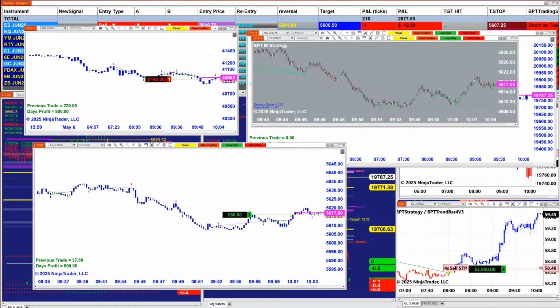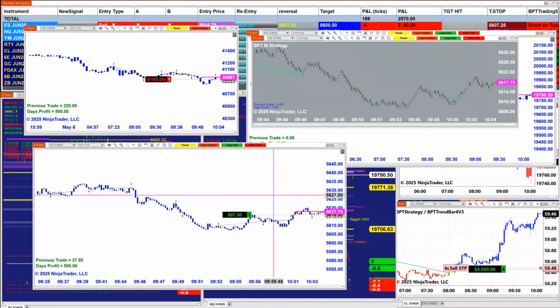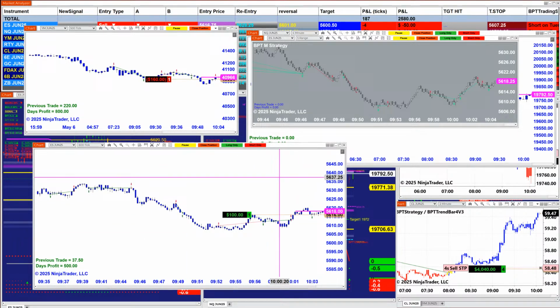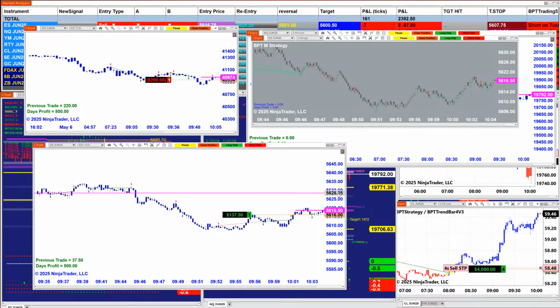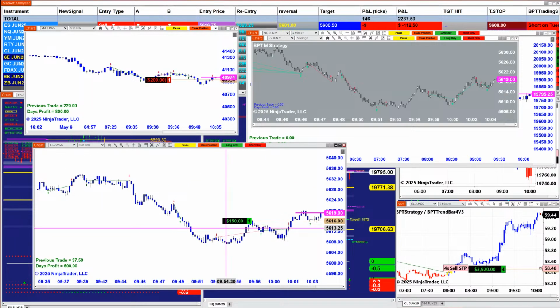Also, we'll update you on the scalper, but we need to look at the market now. You can see this is the trade in front of you right now based on one contract, and it is already 150 on that trade.